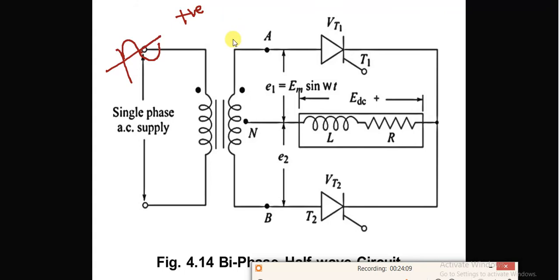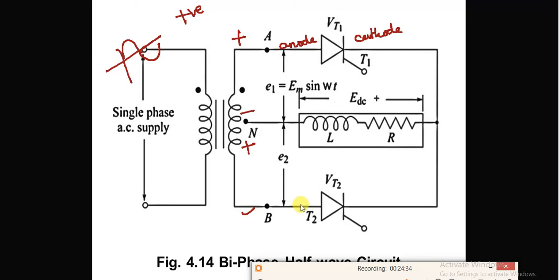For the positive half cycle, A is positive, this is negative, this is positive, and this is negative. So we see that SCR T1 is forward biased. This is the anode terminal and this is the cathode.